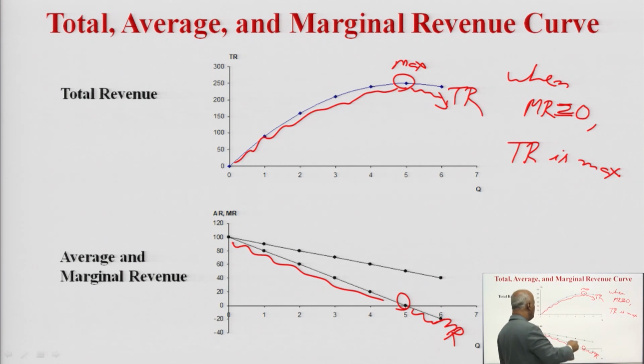Okay. Similarly, you will be finding that continuously there is a decline in the average revenue. That means, as the price decreases, the quantity sold will gradually increase. But please remember that average revenue or the price can never be negative, and average revenue always lies above the marginal revenue.